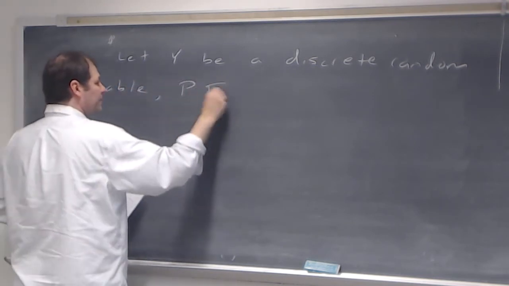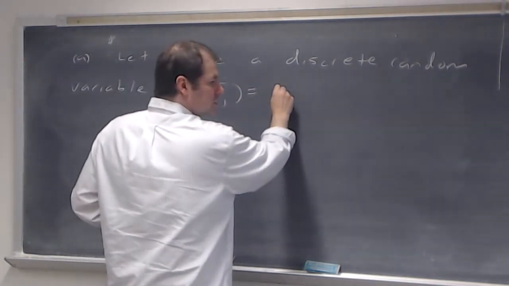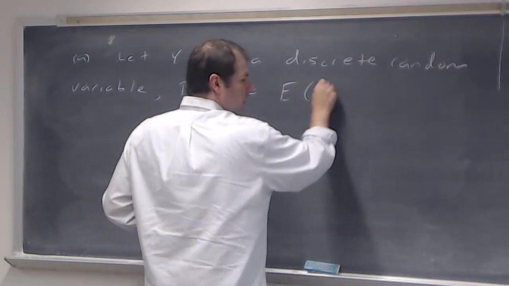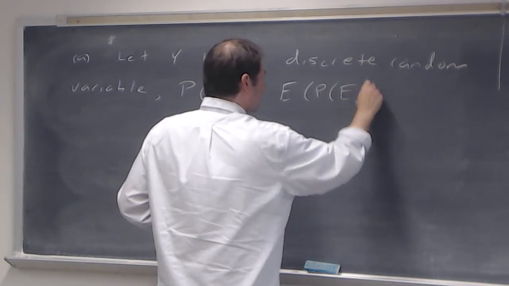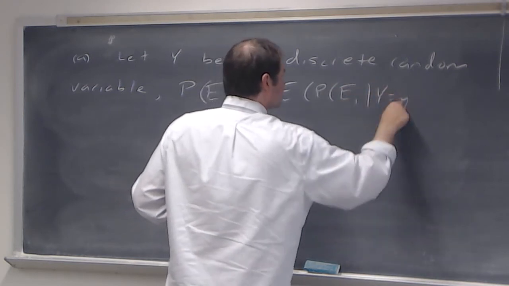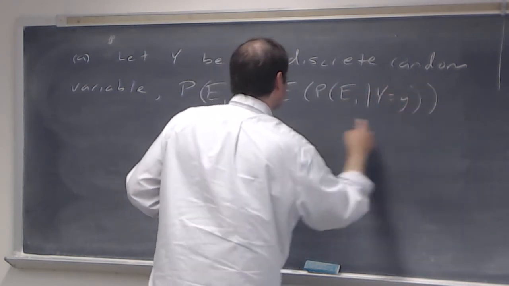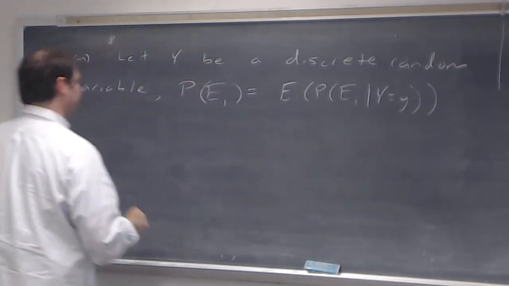The probability of E sub 1 is equal to the expected value of the probability of E sub 1 given Y equals y. So that's what we're taking the expected value of.